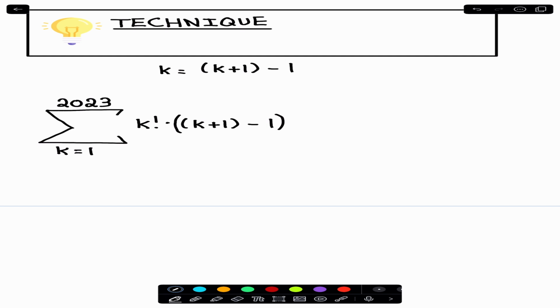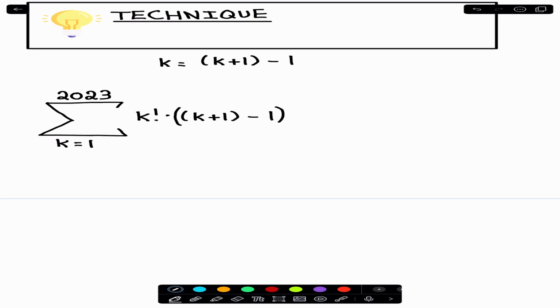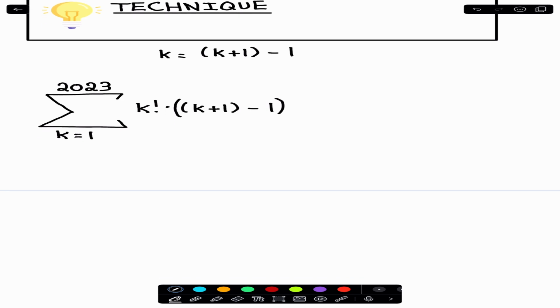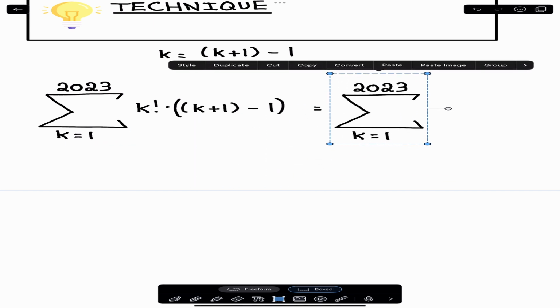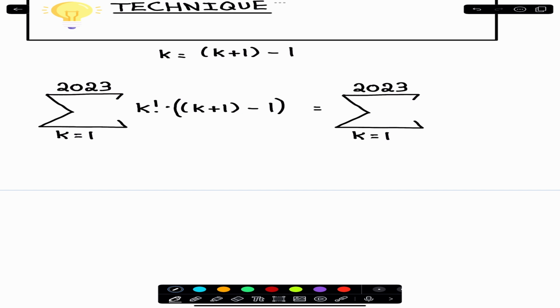We know k factorial times k plus 1. Do you know what that is? I think you do, because k factorial times k plus 1 is k plus 1 factorial. Now it's time to distribute this k factorial times -1, still preserving the negative sign, so we take away k factorial.